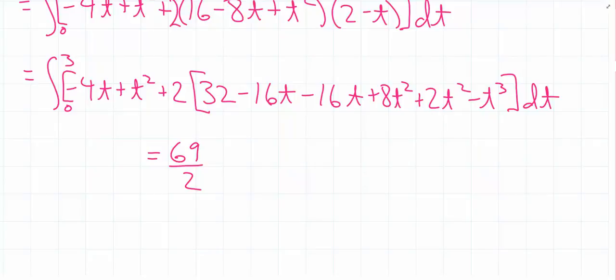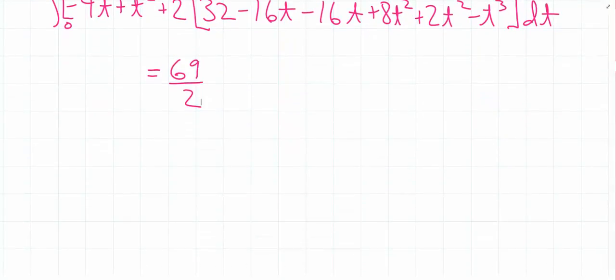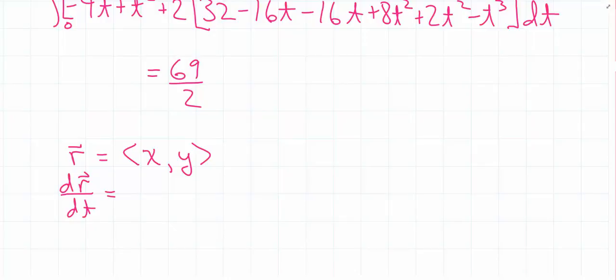Now, let me just point out something here. Sometimes, if you think about this, let's suppose that we've got something over here in the x and something over here in the y. And if I differentiate here, so if I do dr dt, this is dx dt, dy dt. You think about that.